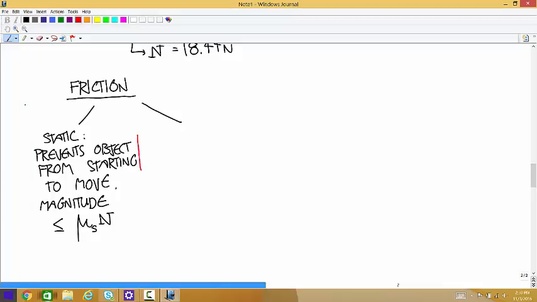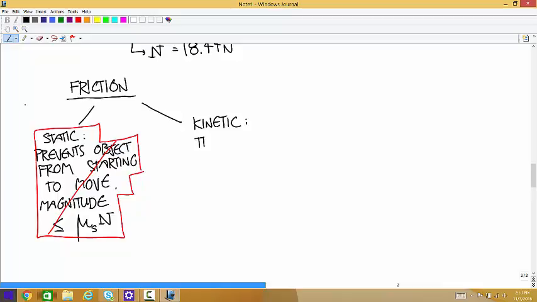This we're not going to be interested in. And then the other type of friction is kinetic friction. Kinetic friction is a force that tries to slow moving objects down.